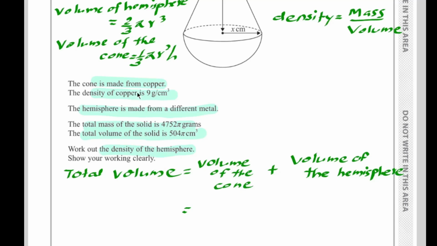Volume of the cone, 1/3 pi r squared h, plus volume of the hemisphere, 2/3 pi r cube. Total volume is given as 504 pi. Now let's substitute the given values.